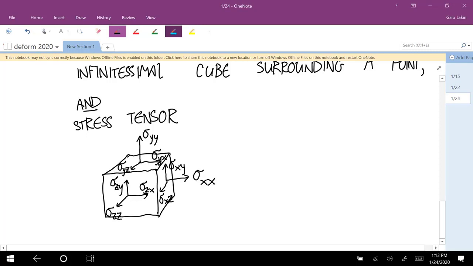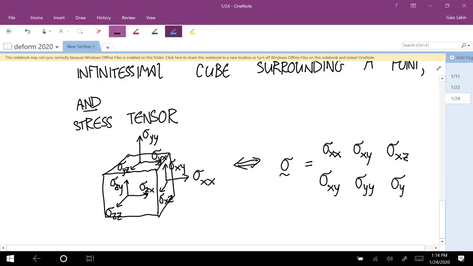Okay. And those are equivalent. Those tell the same story as the stress tensor, sigma with an undersquiggle, sigma XX, sigma XY, sigma XZ. Now we'll use the symmetry. So this is XY, then YY, YZ. And then we'll use symmetry for the next 2. So sigma XZ again, sigma YZ again, and sigma ZZ.